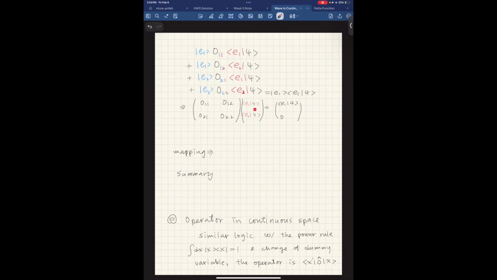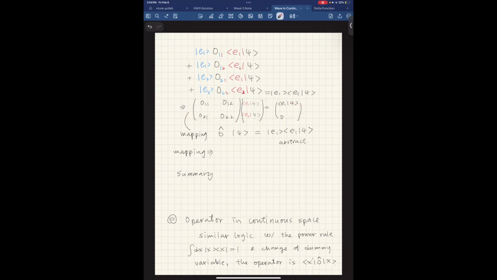So if we work out this matrix, it will be this multiplied with this. So we got O11 times E1 and O12 times E2, that's this. And similarly, you can see this times this will give you this amplitude. So this is this guy's representation in E1 and E2 space.